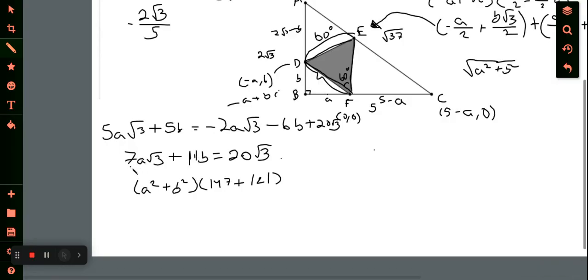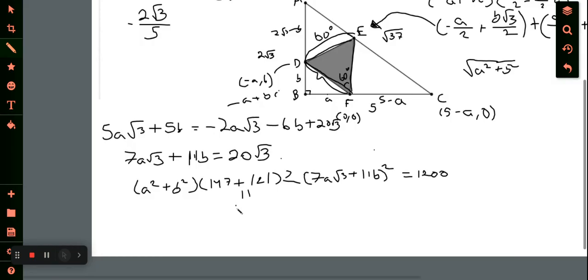So essentially what we did here is split the coefficients and the variables and squared them, which is what we do in the Cauchy-Schwarz inequality. And this is always going to be greater than or equal to (7a root 3 plus 11b) squared, which is equal to 1200.